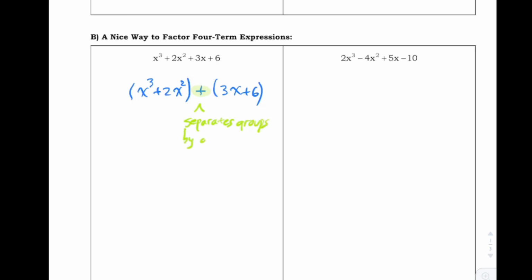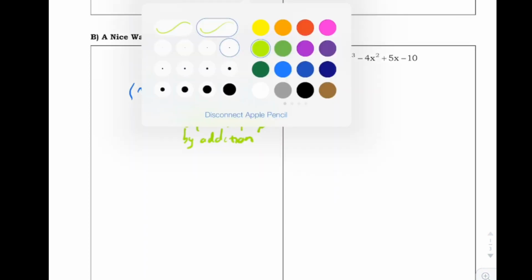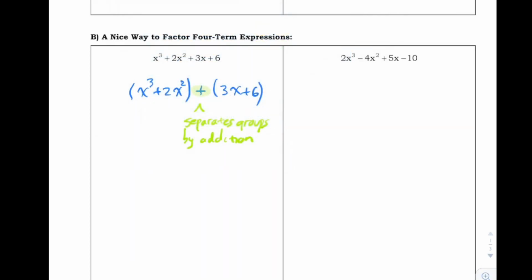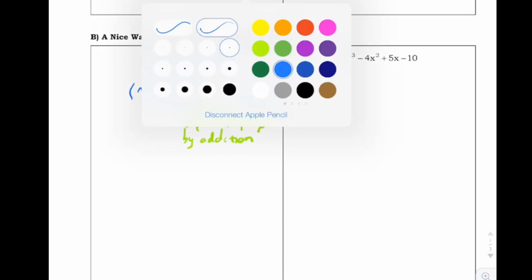These 2 groups are added to each other. And it's important to point this out because a lot of times I'll see people just say, I want to put parentheses on here. Here I go. And it's like, well, wait a second. You just made a boo-boo, and I'm going to have to deduct a point for that, even if you get the right answer in the end, because you did something you should not have done.